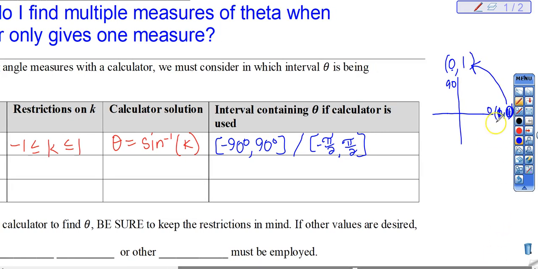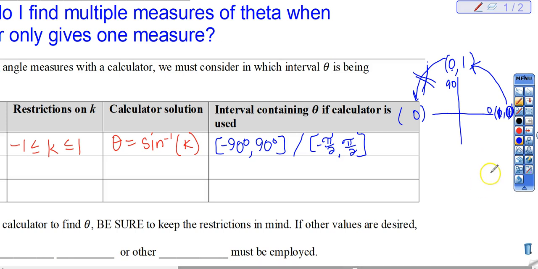But if I just were to continue along that rotation, what happens to my sine function is that it just returns to 0, right? So as I go in a positive rotation from 0 to 180 degrees, I only ever get sine values that are positive or 0. I don't ever get values that are negative. So for the sine function, the calculator is not going to give me answers in quadrant 2.